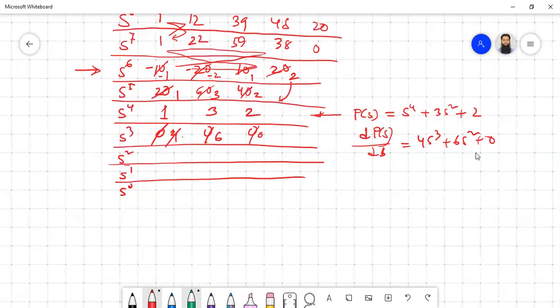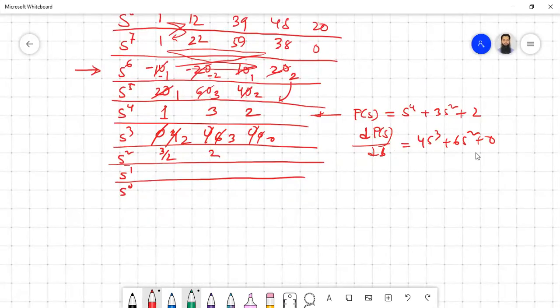Again, this can be divided by 2, so 2, 3, 0. So now 6 minus 3, that is 3 by 2. Okay, and then also 2 will be coming directly here.